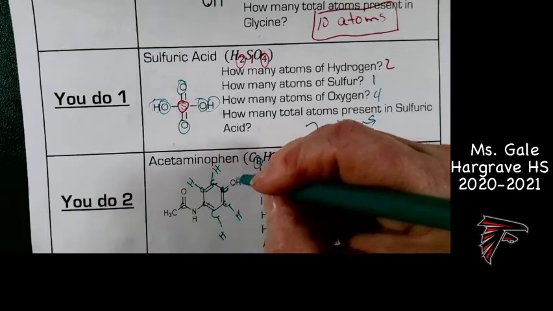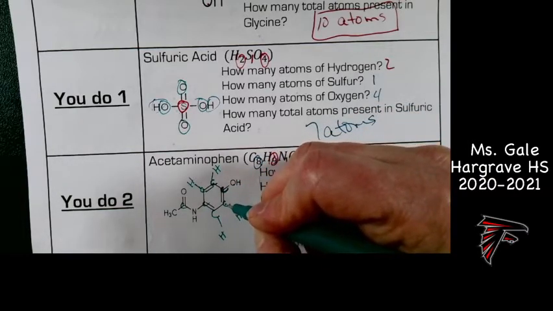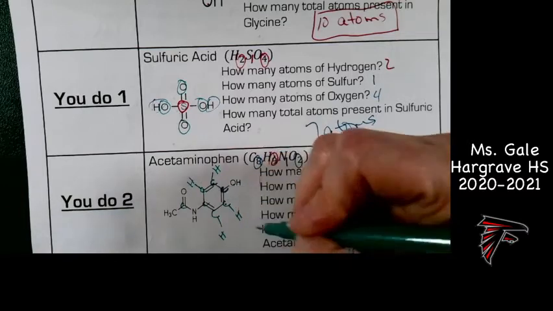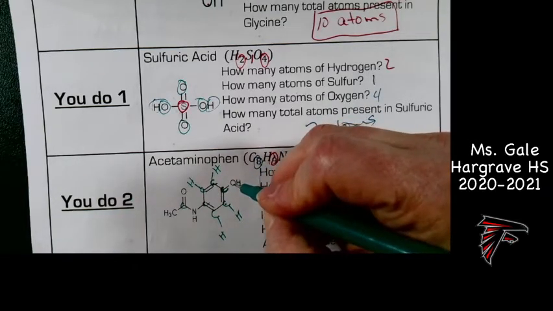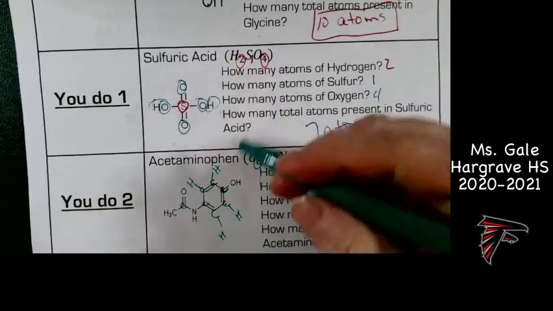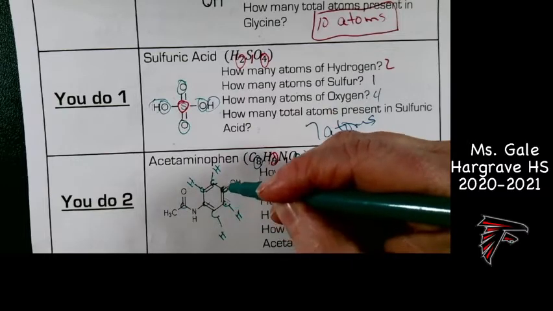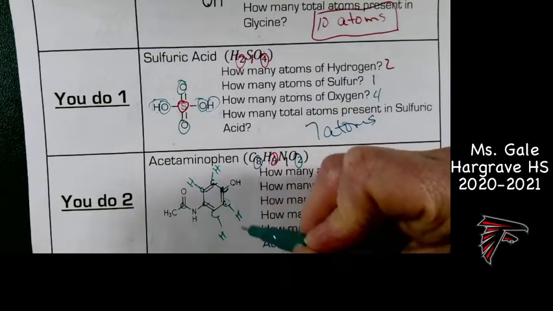This carbon is bonded to this oxygen, double bonded to this carbon, so that's 3 bonds. Single bonded to this carbon, 4 bonds. So that carbon's happy. Oxygen is bonded to this hydrogen and this carbon. He's happy. Carbons are happy because two bonds right here, 3 and 4.